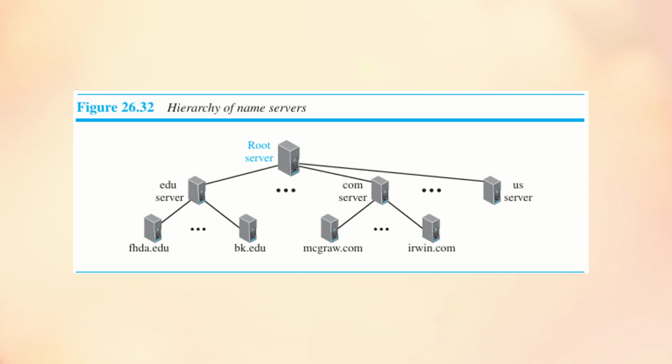Each server can be responsible, or authoritative, for either a large or smaller domain. We can also state it as having a hierarchy of servers in the same way that we have a hierarchy of names. Here the hierarchy of name servers is shown.